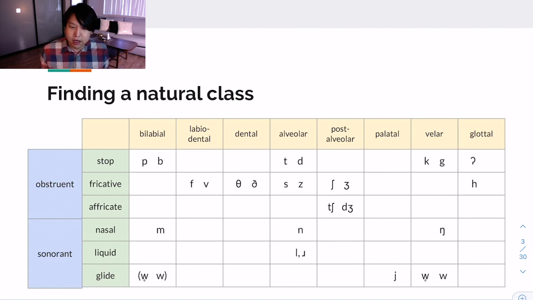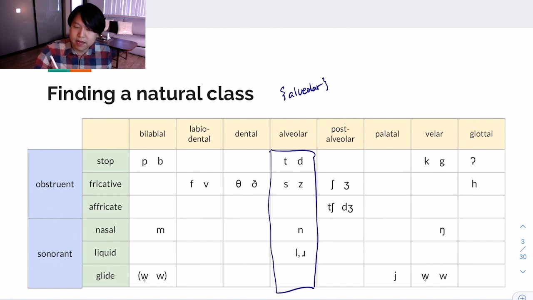If we choose some elements to be a natural class, it has to be something like, for example, a natural class for alveolar. There are one, two, three, four, five, six, seven, a total of seven elements in a natural class called alveolar, if you group them in that way.